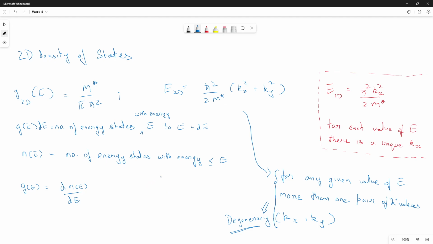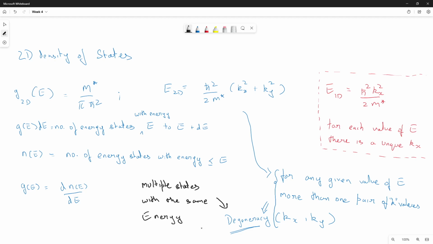So, let me use a different color. When I have multiple states with the same energy, that means that there is degeneracy.